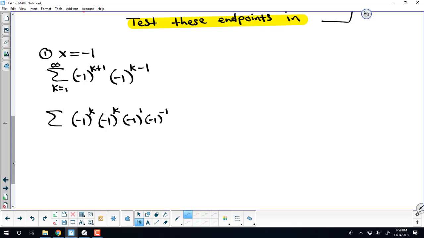What about -1 to the k times -1 to the k? It's always what? Well, they're both to the k, right? Being multiplied, so can we write it like that? It's always positive. And this is always just +1 right here.